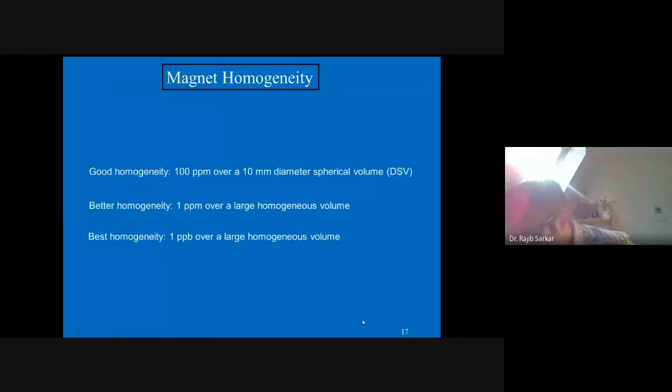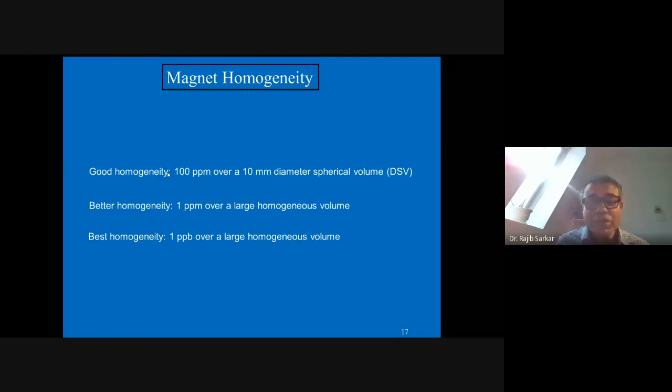Okay. So another important factor of this NMR experiment is basically your magnet homogeneity, and one should keep in mind that there are at least three ranges I disentangle as far as the magnet homogeneity is concerned. I call it good homogeneity, better homogeneity, and the best homogeneity. The good homogeneity, I usually call it 100 ppm over a 10 millimeter diameter spherical volume.